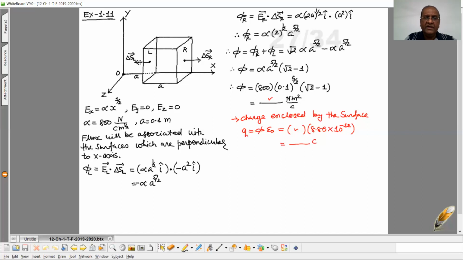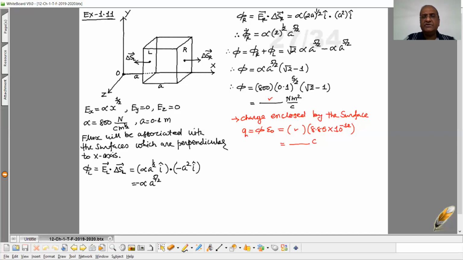So here delta S is in the negative x direction, the side is a, so the area is a square. In vector form we can write minus a square i caret. Resultantly we get the flux associated with the left surface, that is minus alpha a raised to 5 by 2.